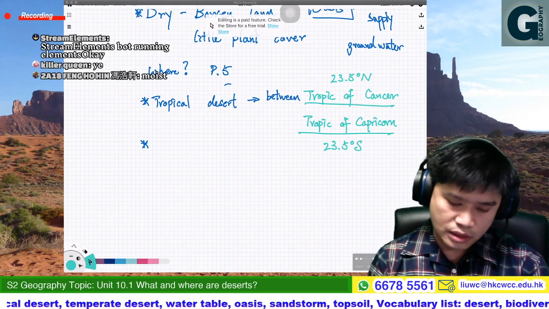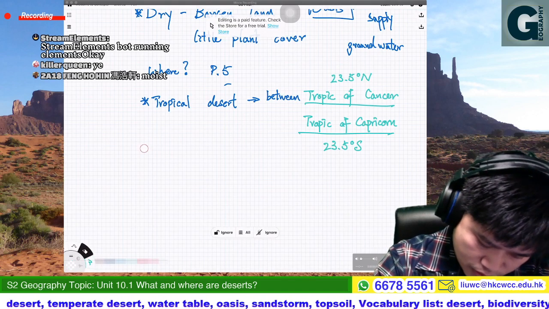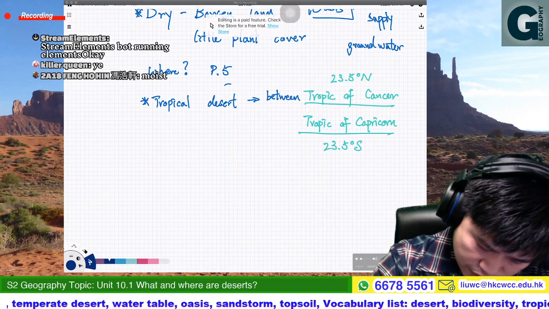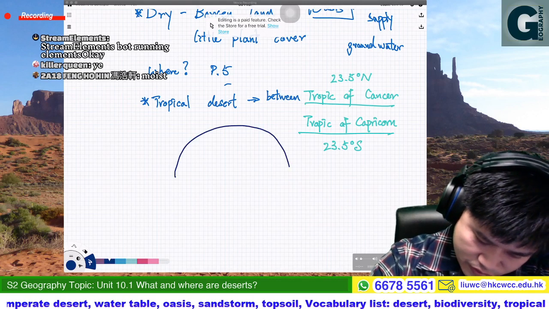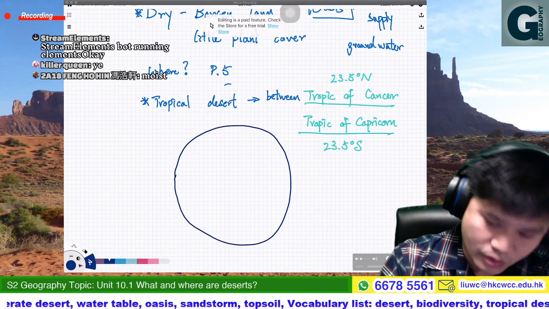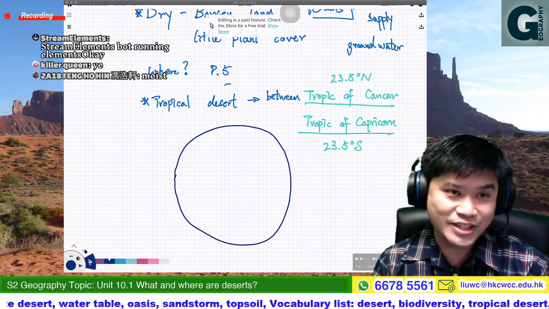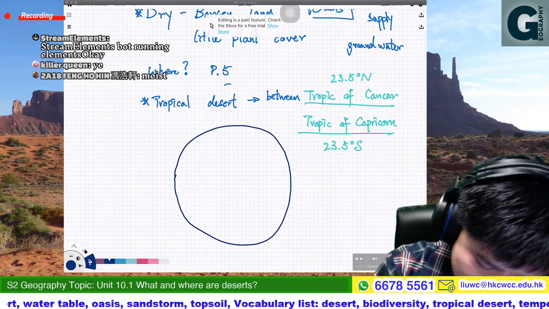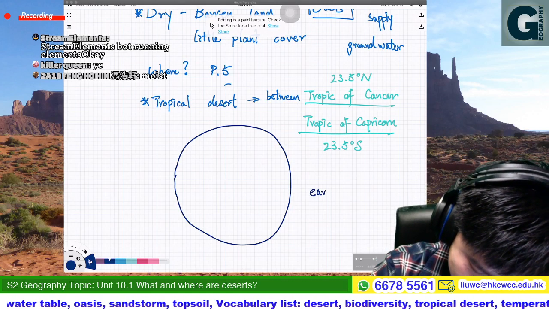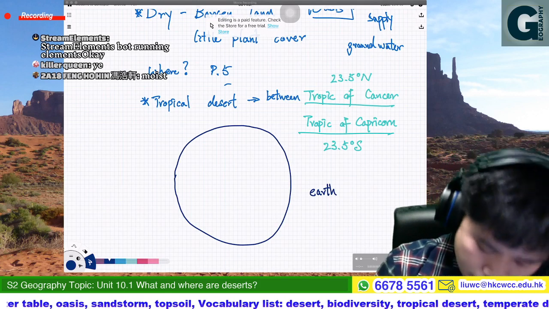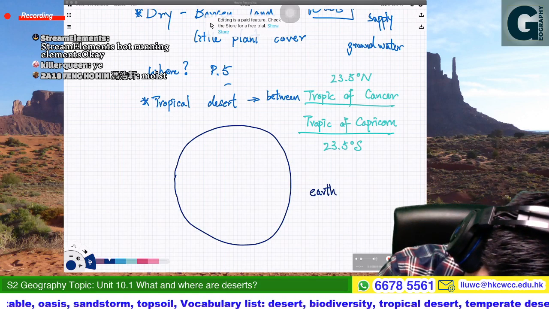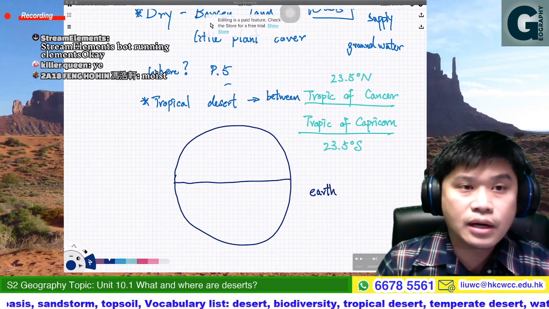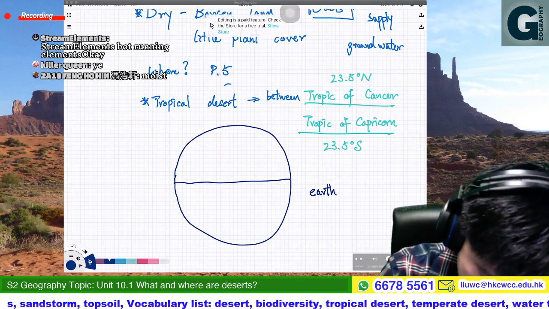So if we draw a very simple Earth, I hope you understand that it could be a perfect circle. So this is the Earth. For the middle part, with the longest latitude here, that would be the equator.